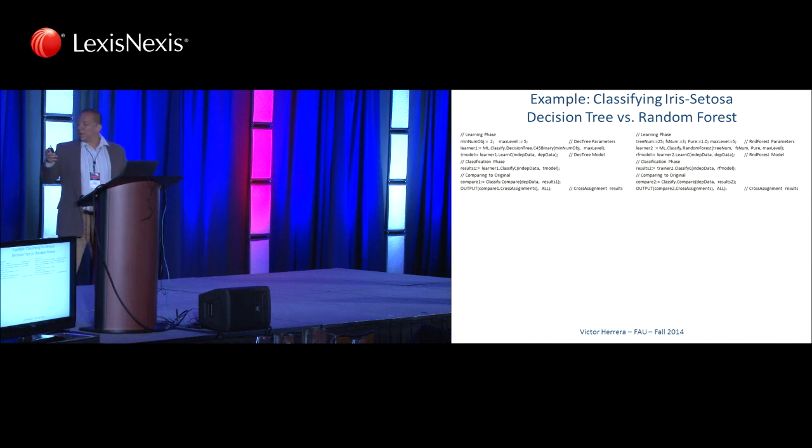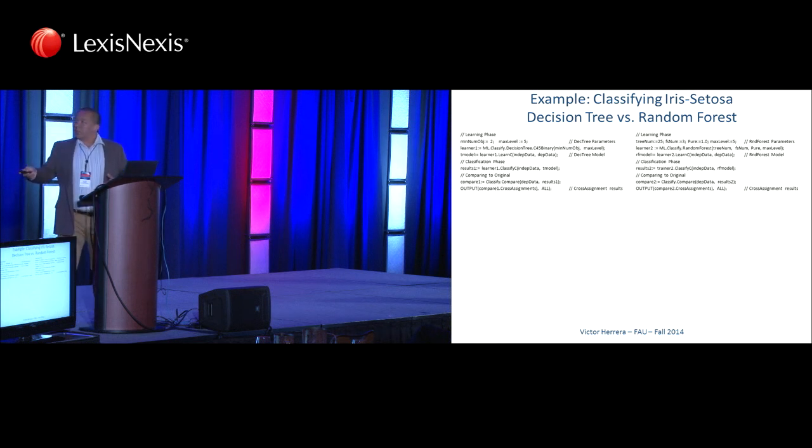So here, I am comparing 2 of the classifiers that we developed. One is decision tree, and the other one is random forest. This is all the code we need, besides the loading of the data and putting IDs on all the data. Take a look.